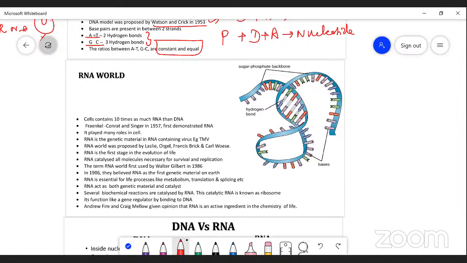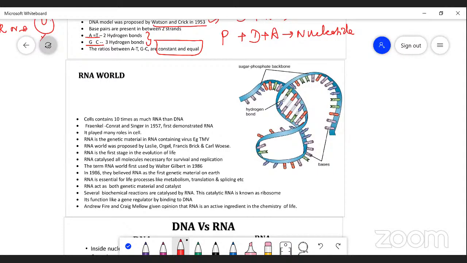Now, what is this RNA? It is one type of nucleic acid, ribonucleic acid. That means what type of sugar is present? Ribose sugar is present there. What type of nitrogenous bases are present in the RNA? Adenine, guanine, cytosine, and uracil. These are basic concepts.